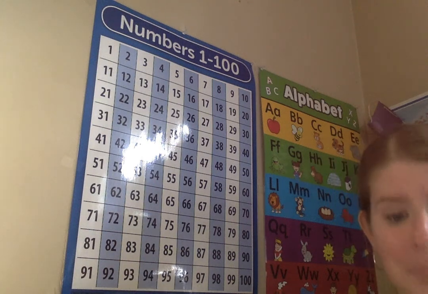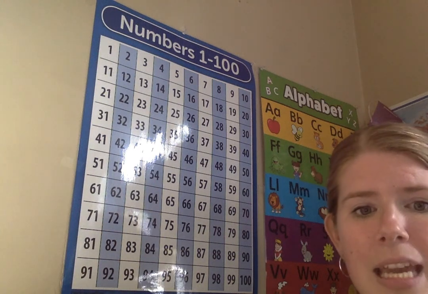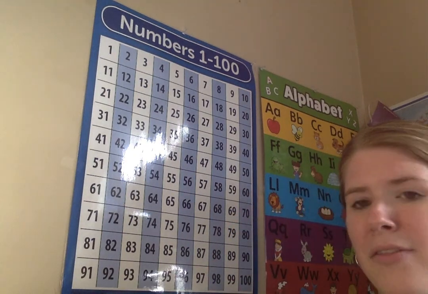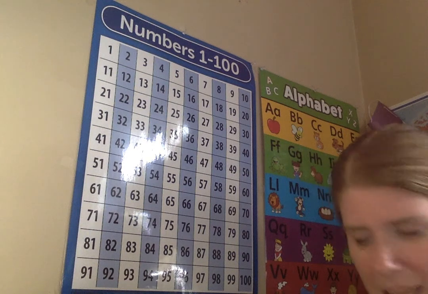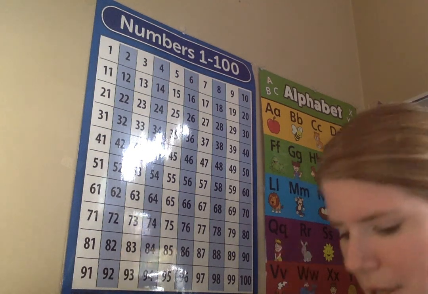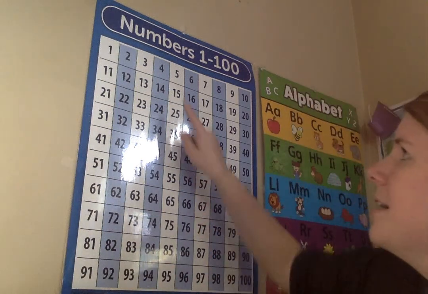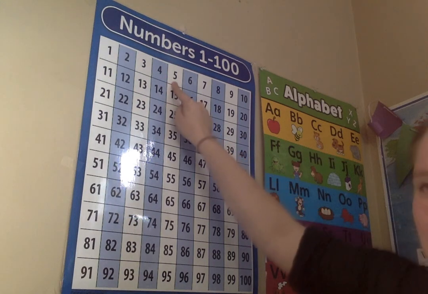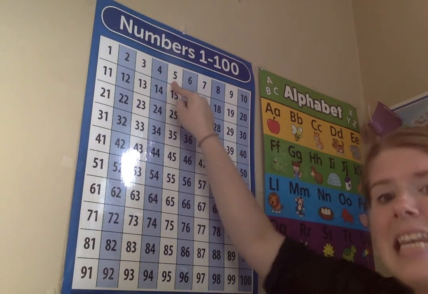Good job. Another pattern is that we can count by 5's. And the fun thing about counting by 5's is that it makes it very easy. Let me show you. So we are counting by 5's. That means we need to find the first 5. Oh, there it is. Now let's think.